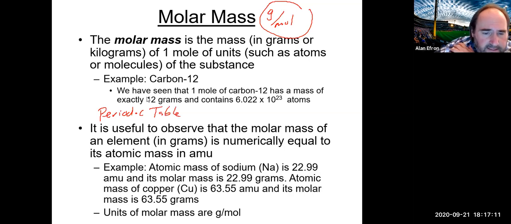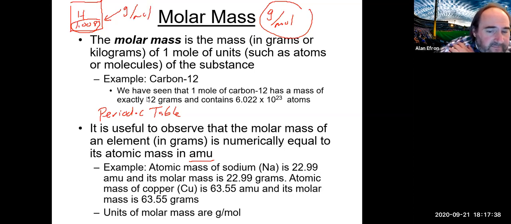The molar mass is found underneath the symbol. It is this number on the bottom. So earlier we called this the atomic mass, and it was how many AMU, if you remember. AMU is that atomic mass unit per atom. But through conversions and so forth, basically the atomic mass is the same as the molar mass in grams per mole.